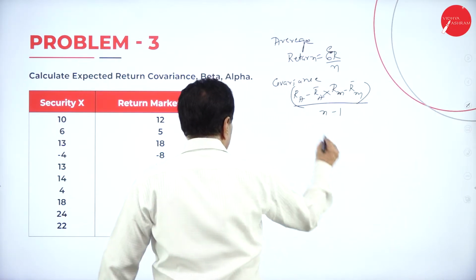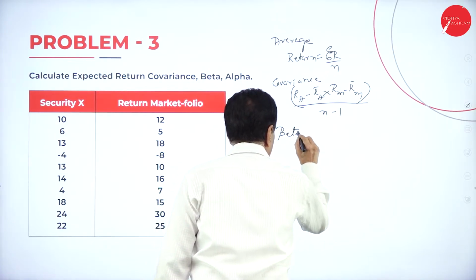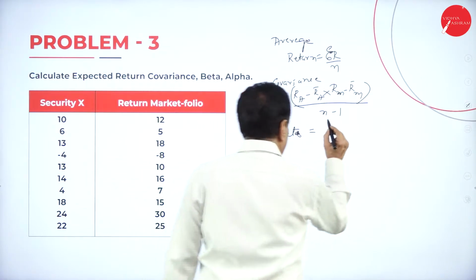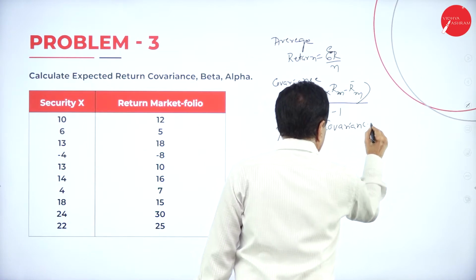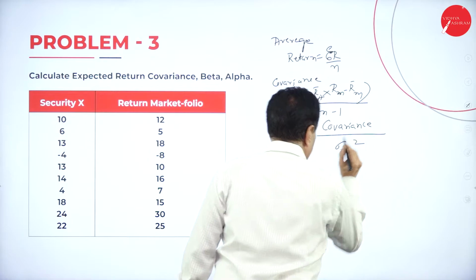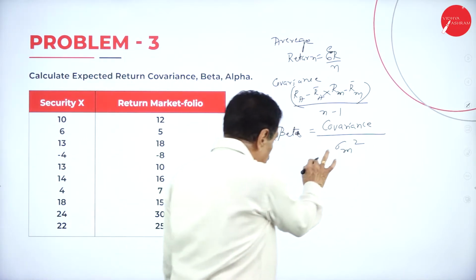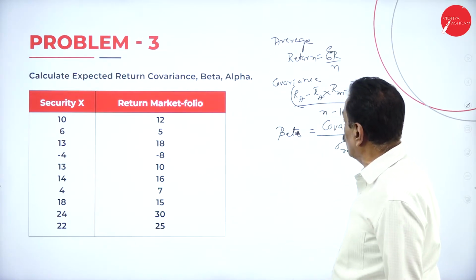Then what does he want? Beta. The formula for beta is covariance divided by sigma market M square, not standard deviation. Sigma market M square, portfolio market M square, is what you are going to calculate.